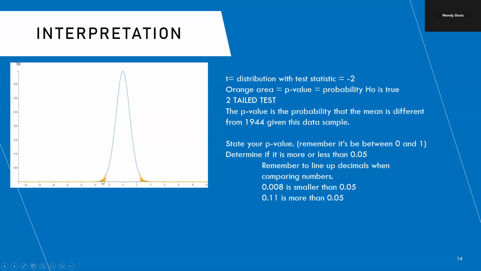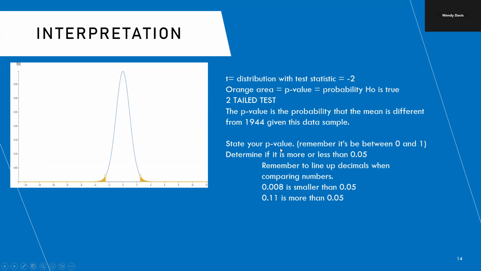So if your test statistic is negative and Excel doesn't like that, you can change it to just finding the two tail for +2, because that's going to add these two together. They're the same size. So that's why we can find the two tail for +2, and it's going to give us that double area.